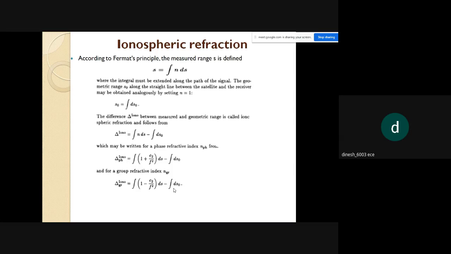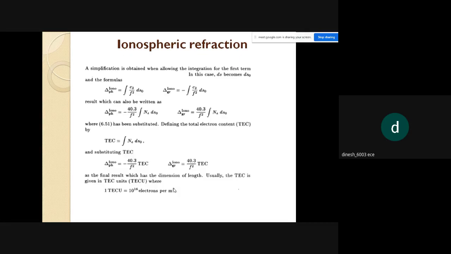For group, it is the integral of 1 minus c2 by f squared into ds minus the integral ds naught. A simplified version is that we are going to allow integration for the first term, and then the formula becomes this.